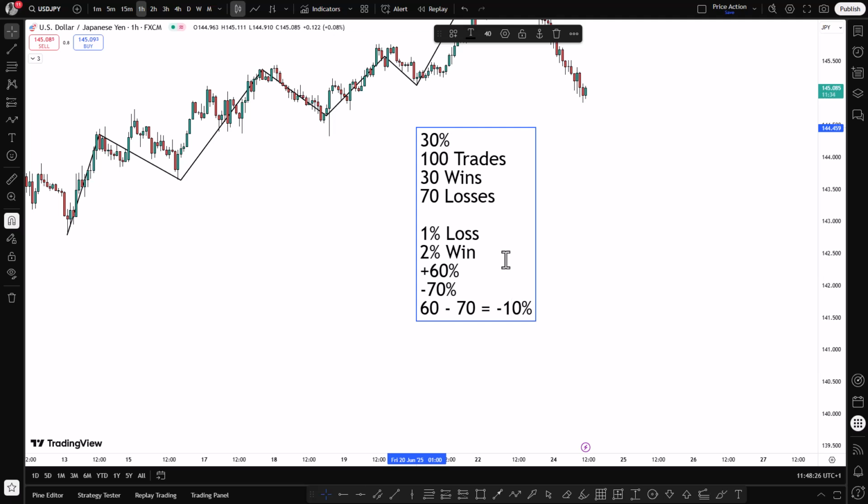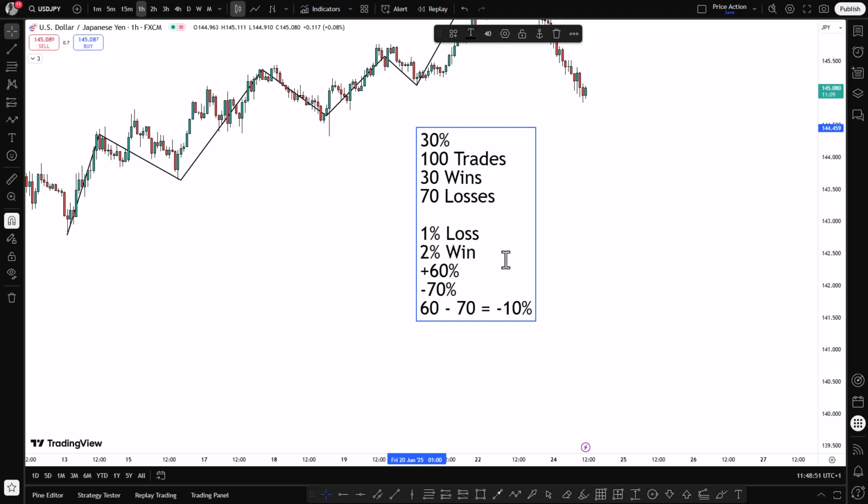And when you do that, that risk to reward ratio is going to compensate for your low win rate. Or on the flip side, you should trade with a low risk to reward ratio but have a high win rate. Because when you have a high win rate, you're winning more often than not, and so the small profits that you're making are going to be more than enough to cover your losses.